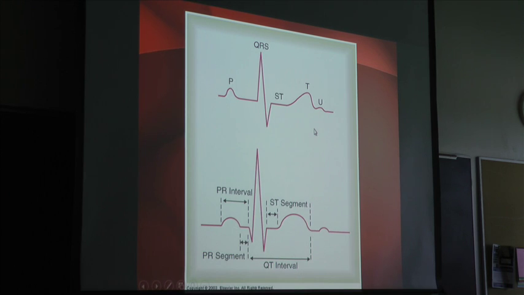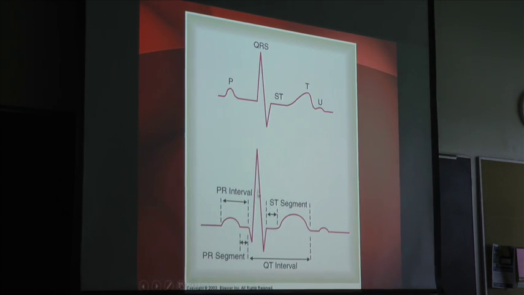All right, and then the next thing you need to write for your notes is what the PR interval is. It shows you on this picture. The PR interval just means time, amount of time, from the atria depolarizing to when the ventricles depolarize.